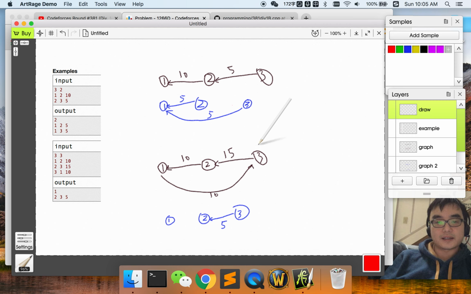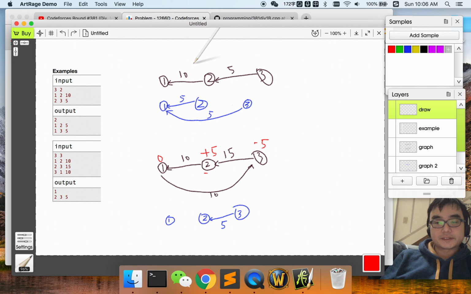For example, this guy's final balance is -5, this guy's final balance is +5, and this guy is 0, right? We just need to make sure that in the final graph, the final balance of each person is the same as in the initial graph, right? How do we make sure of that?